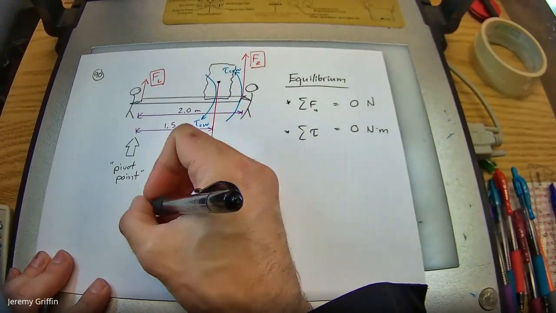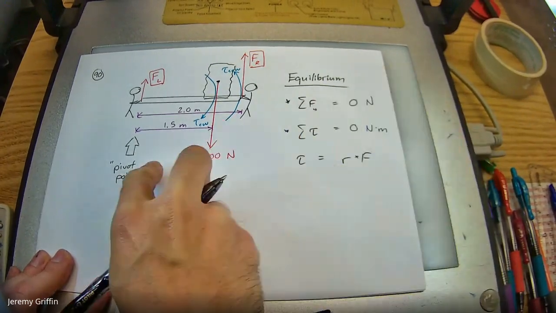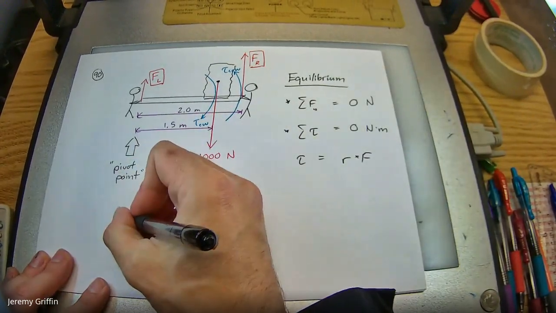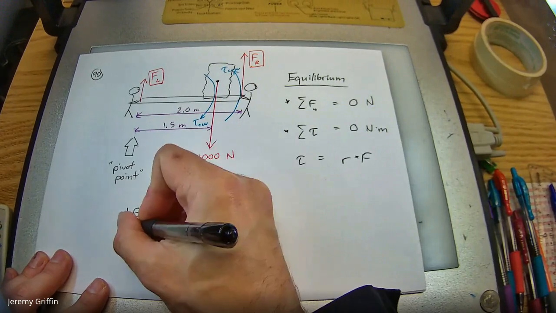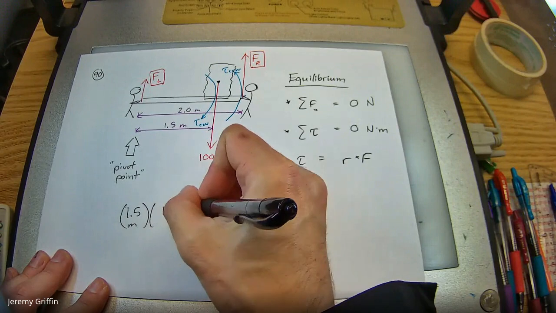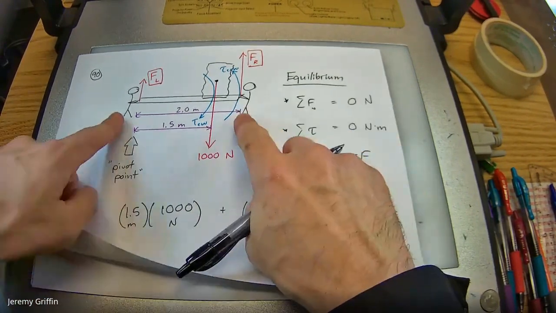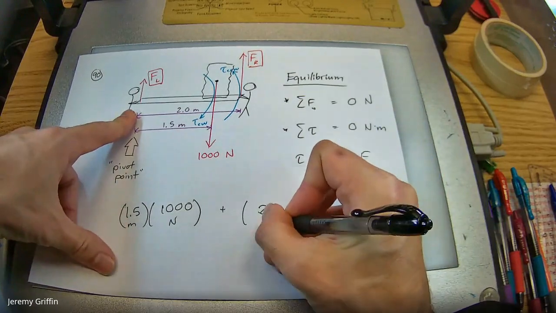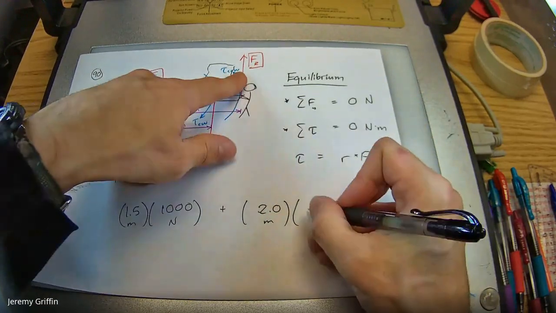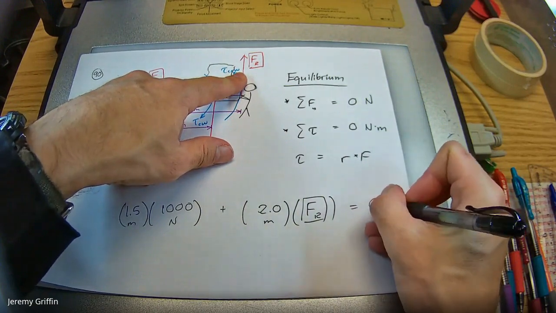So torque is r cross F. Let's take this radius of 1.5 meters crossed with this force of 1,000 newtons, plus this full 2 meters crossed with the force of F sub R, the right force, which is unknown, and that has to zero out.